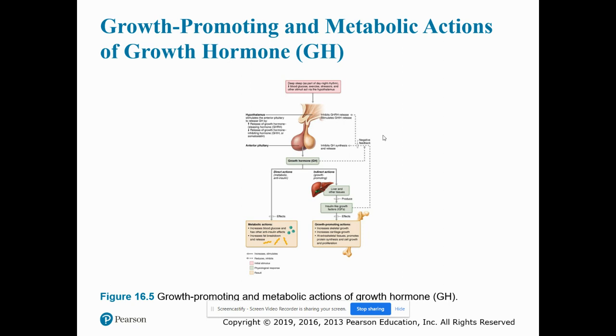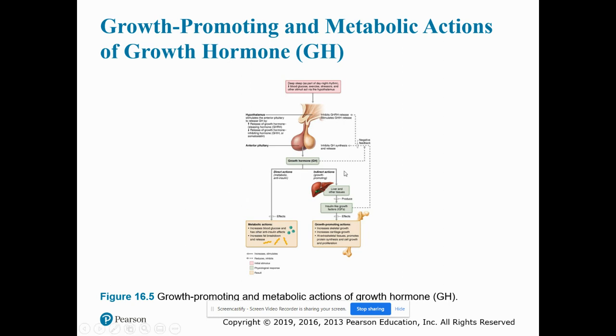So that's what this is going through here. We have the hypothalamus is going to secrete one of the two different hormones, either the releasing hormone or the inhibiting hormone. And that is going to affect the anterior pituitary. The anterior pituitary is what secretes growth hormone. And then we have the direct metabolic actions, which are to increase blood glucose and other anti-insulin effects.